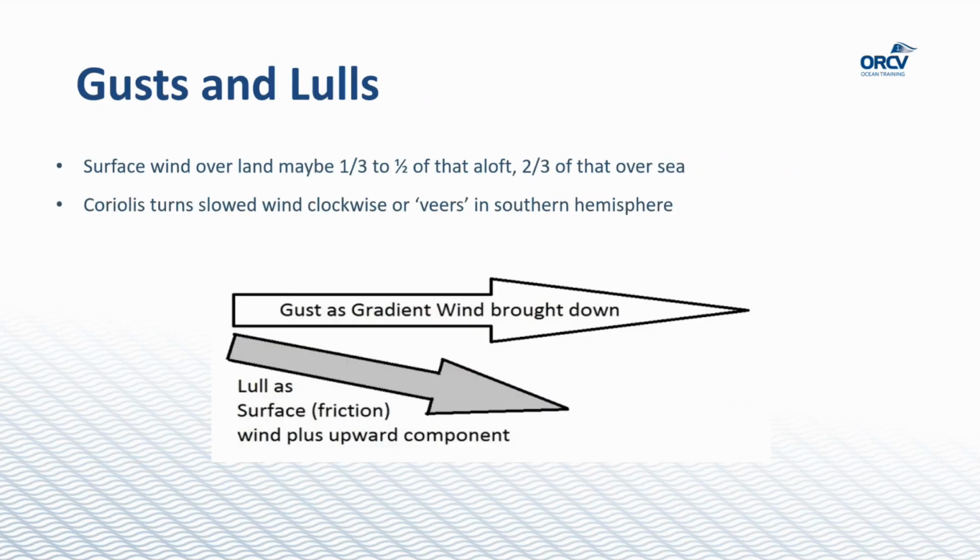The other thing is that the wind without friction up high is much faster than what it is as it gets lower. And wind at about 100 meters or so, unaltered by friction, is usually termed as gradient wind, although gradient wind is often referred to as being unaltered breeze.